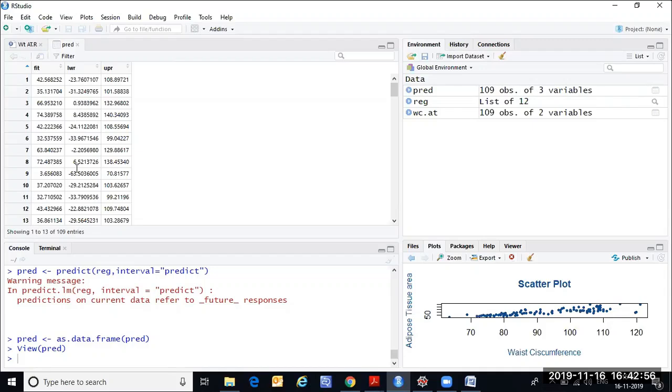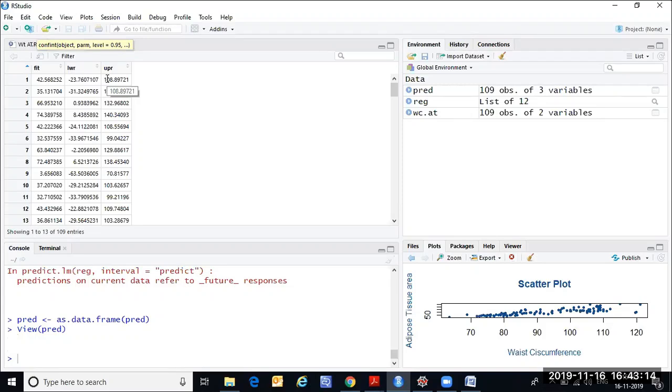There's a lower range and upper range. If you see here, the predicted values are always having a wider range compared to even the confidence interval. Am I clear now? If you look at these numbers, the lower and upper bound values in the range, your prediction interval is much wider than your confidence interval.